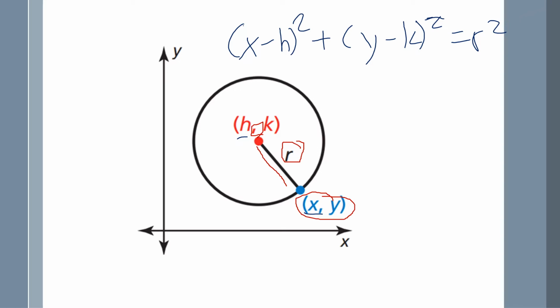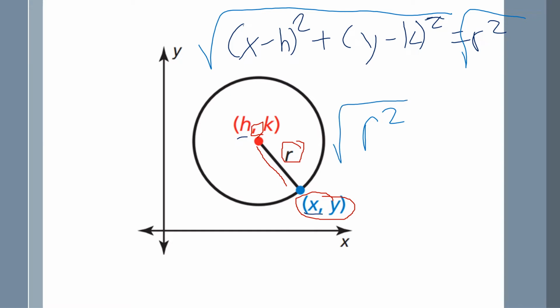And remember how we find the radius when we're dealing with points. You just take the square root of both sides. And what happens to that r squared? Remember, r squared and the square root cancel each other out because they're opposites, and that equals r.